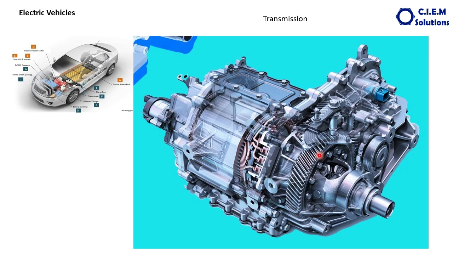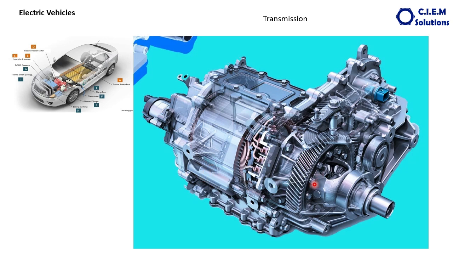Whereas in an electric vehicle, the motor runs from 0 rpm to 20,000 rpm. To reduce that speed, which means to increase the torque, a single step down transmission is provided here. So at one stage, the speed is reduced in this transmission, and the speed variation is taken care of by the motor itself with the help of the controller.